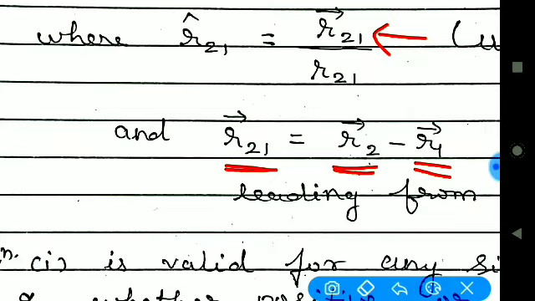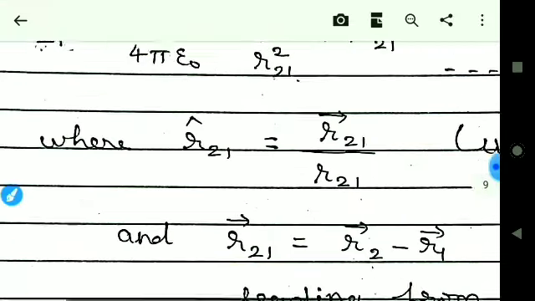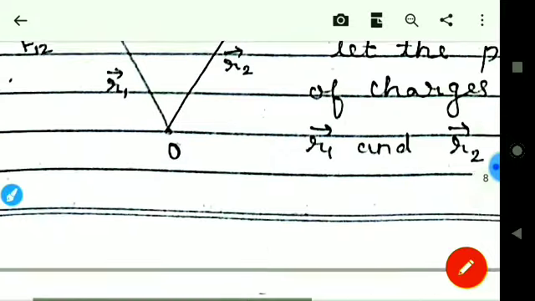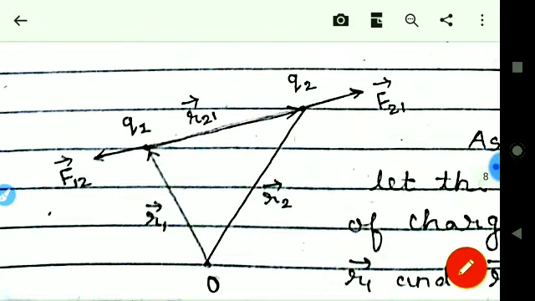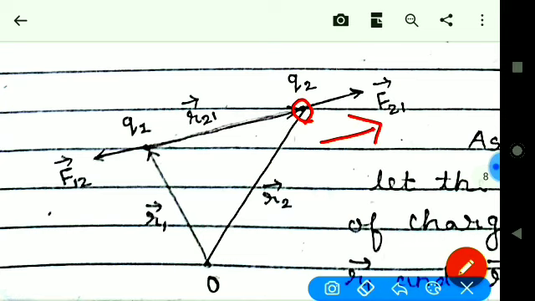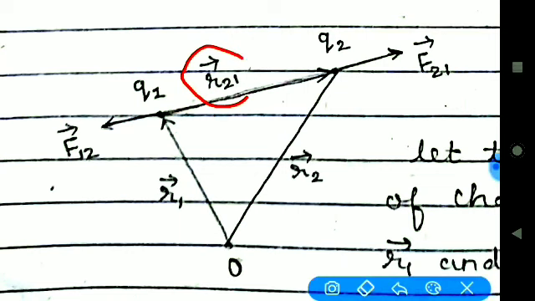This we can easily understand with the help of the figure. Now see here, in this figure we are finding the force acting on this second charged particle, and the direction of force is this. So now vector R21 shows the position from 1 towards 2. So here 2 is the final position and 1 is the initial position.